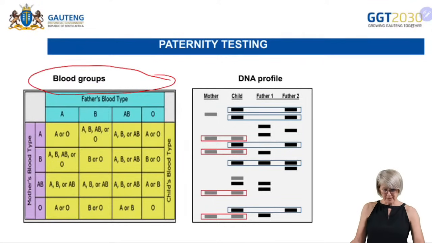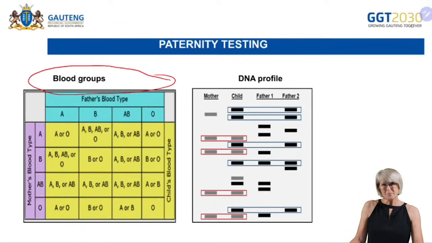So we have a look at their blood groups, and then we do a cross to see if we cross those 2 parents, would we get the blood type of the offspring that is in question, and in that way we can determine whether he is the possible father.